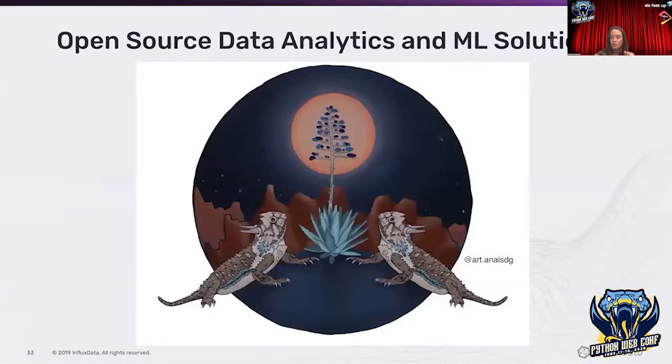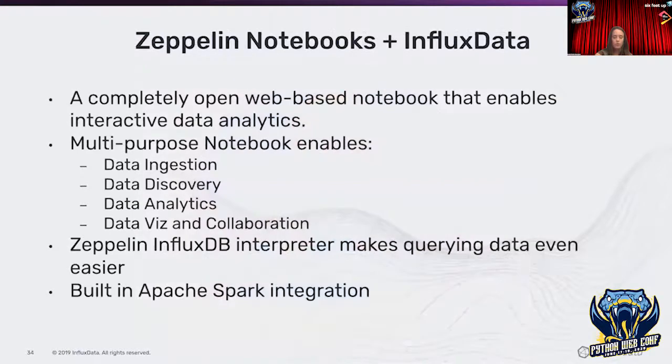So I now briefly wanted to skim through some other open source data analytics and ML solutions so that if you're not familiar with them, you can take a look at them. One is Zeppelin, which is the Apache Spark version of Jupyter Notebooks.